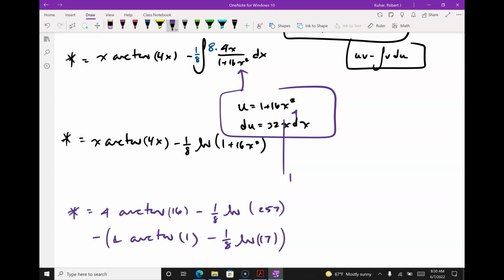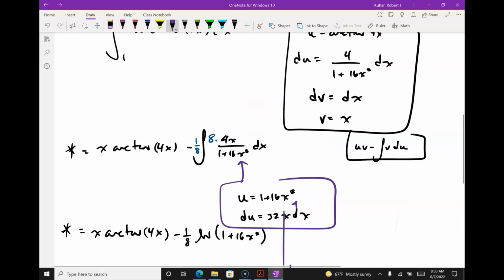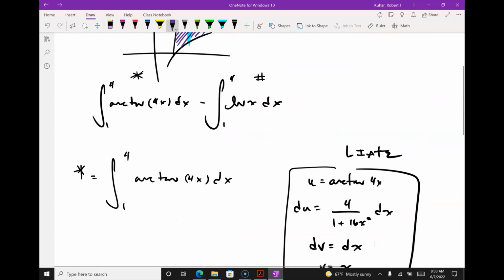It's not pretty. But I want you giving me some exact answer and then get me a decimal from that. No, sorry, it was arctan of 4. Okay, the other integral, ln of x.